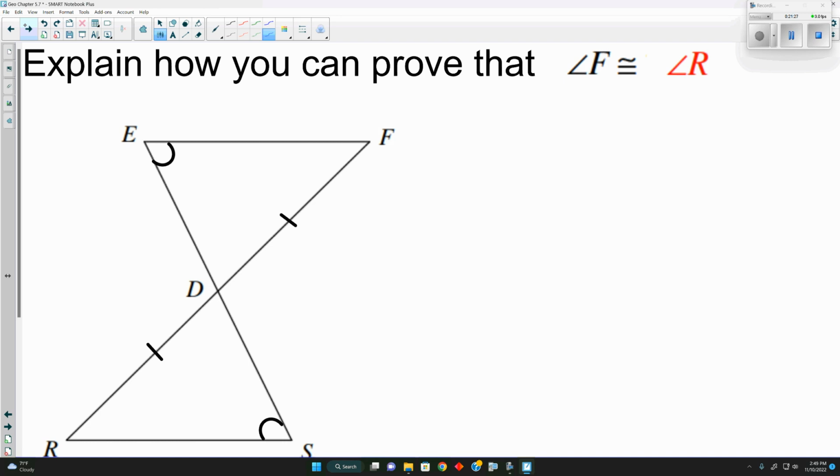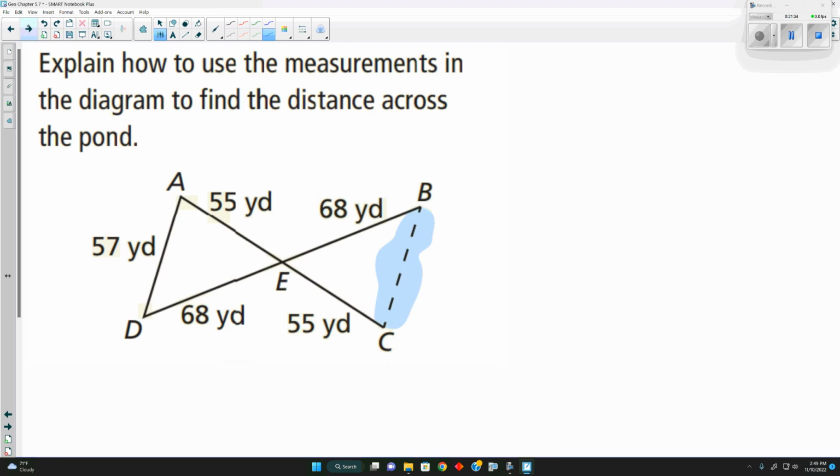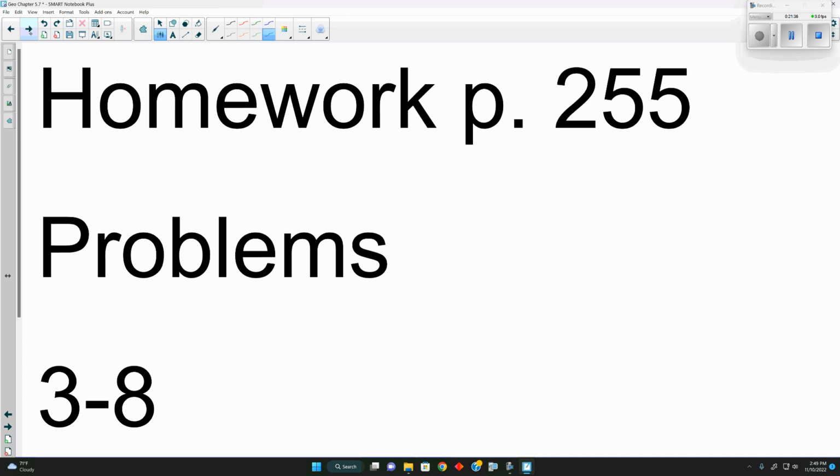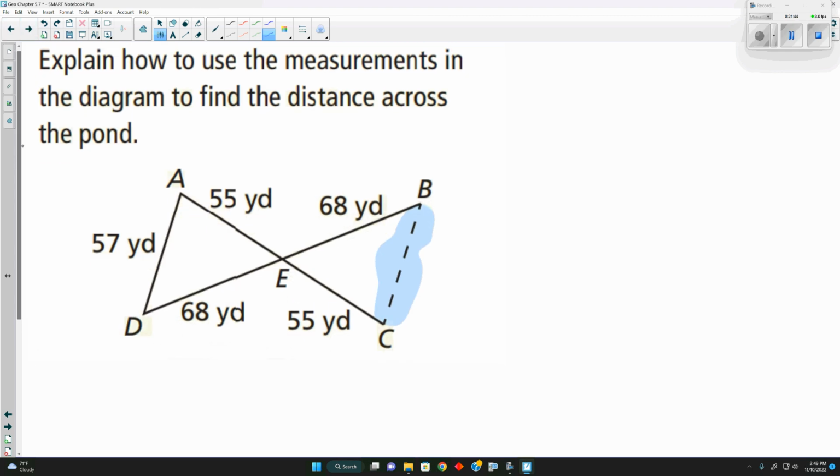Do we have any questions on any of this here? Wait, with this, that wouldn't be congruent, would it? So guys, before we finish, let's look at this one here.